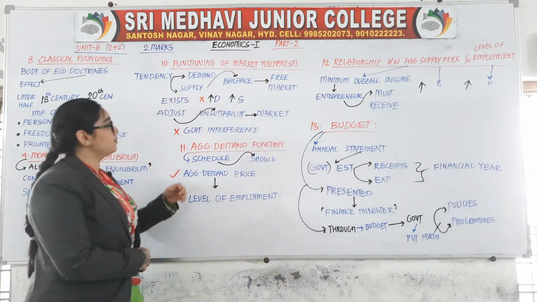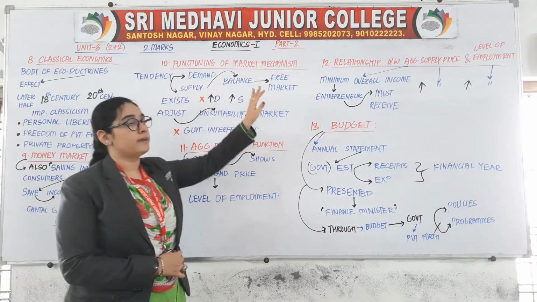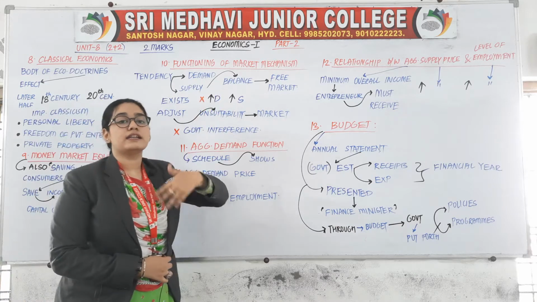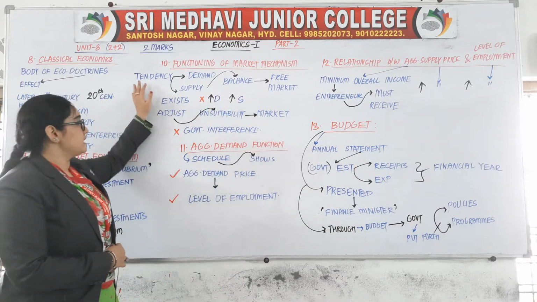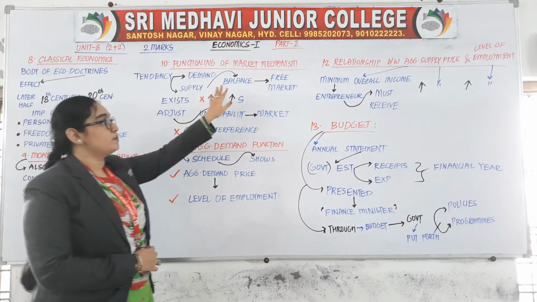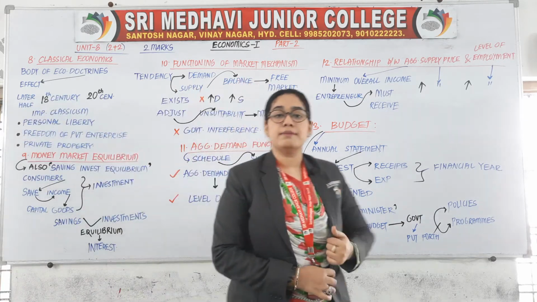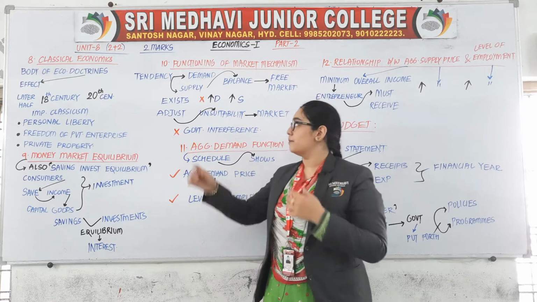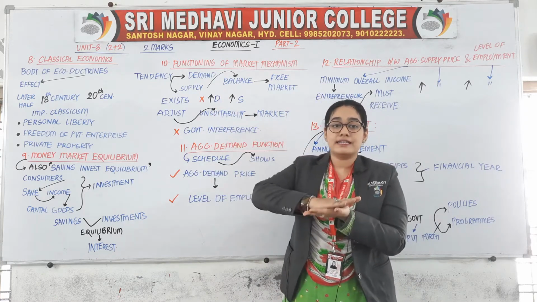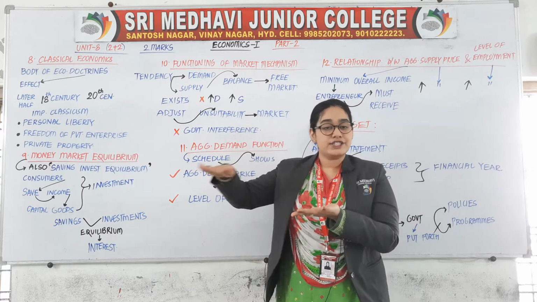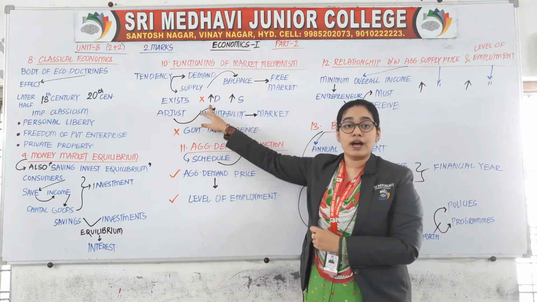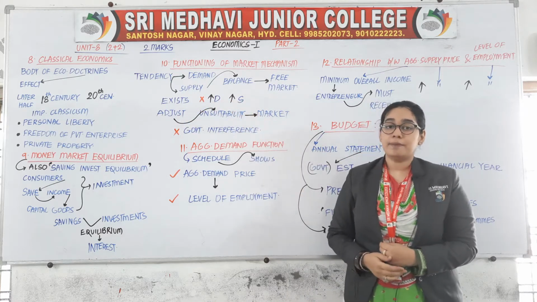The next concept is functioning of market mechanism. That means how a market will function. It is a tendency of demand and supply to be in balance in a free market. That means the demand as well as the supply must be balanced in a market. Then there exists no high demand and no high supply.